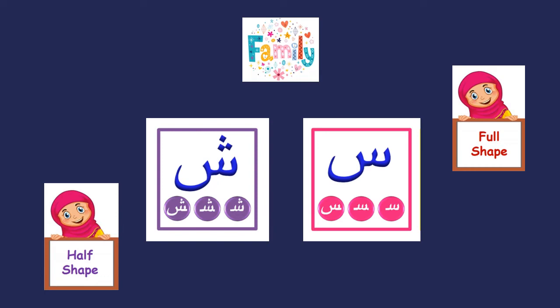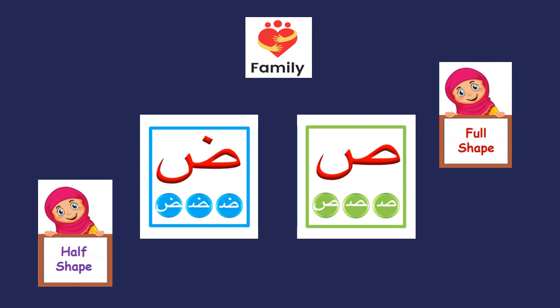Here comes the family of Seen, and it consists of two members, Seen, Sheen. As they are family members, their shape also remains the same, except the presence of dots, that Sheen has three dots on it. This is the family of Swad.